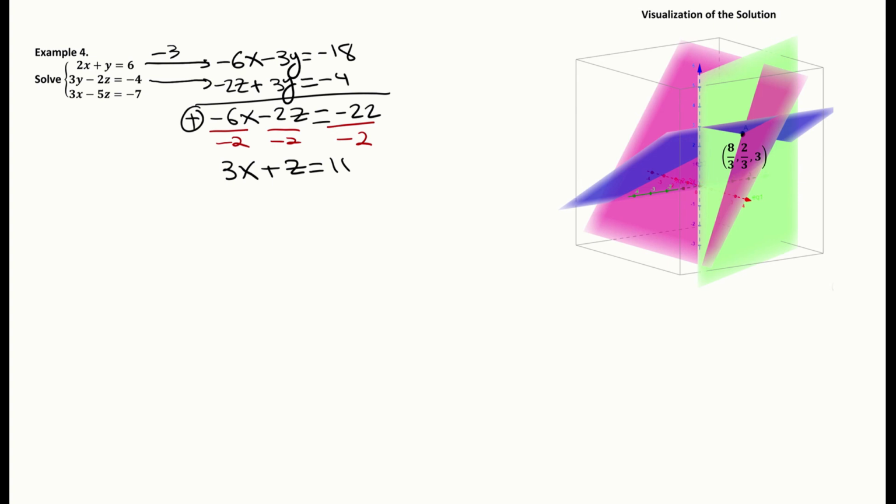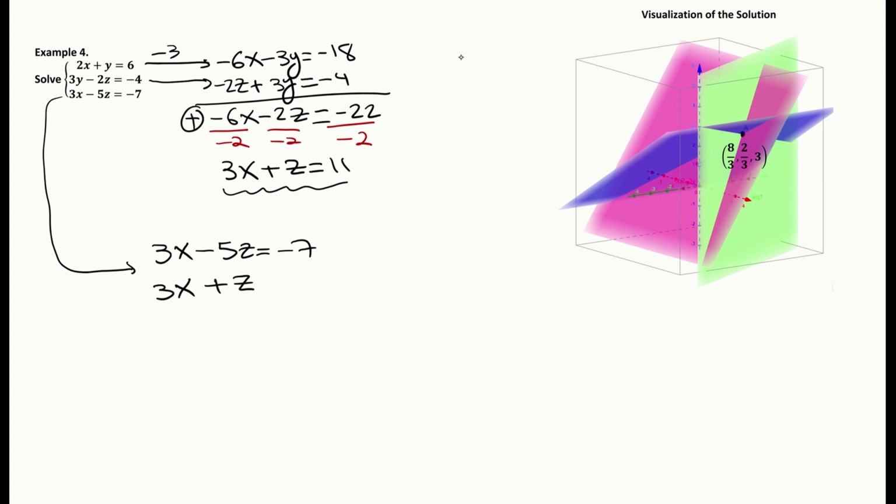So now we're going to take this third equation here and put it together with this other equation we just found. And why? For obvious reasons, because they're both equations in x and z, which we can easily solve.